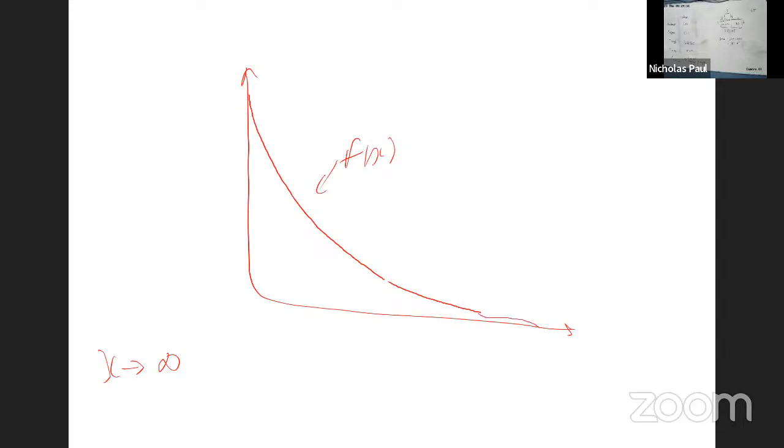If it touches the x-axis, y is 0. It will come real close to the x-axis, so it means it approaches 0. That makes sense? I feel it makes sense.